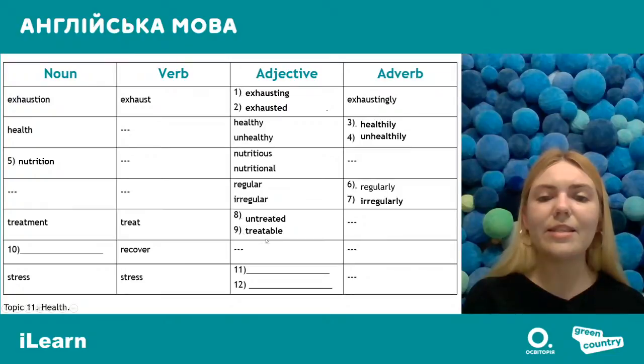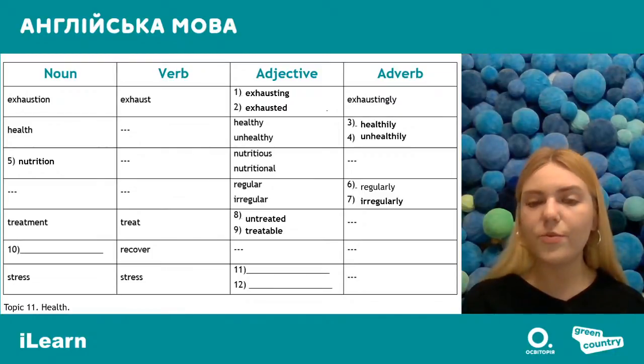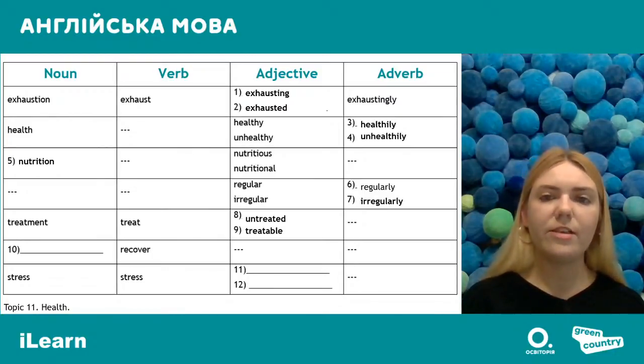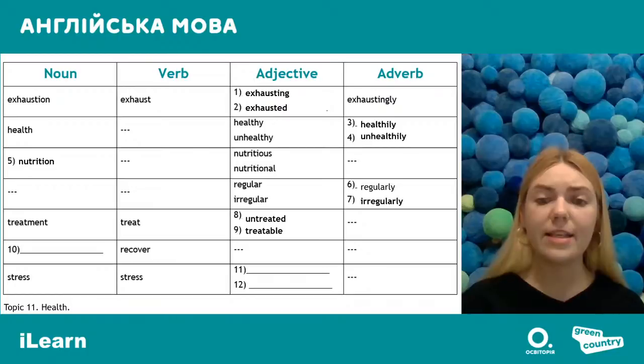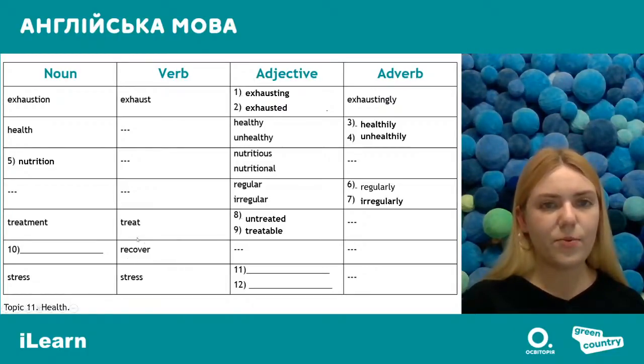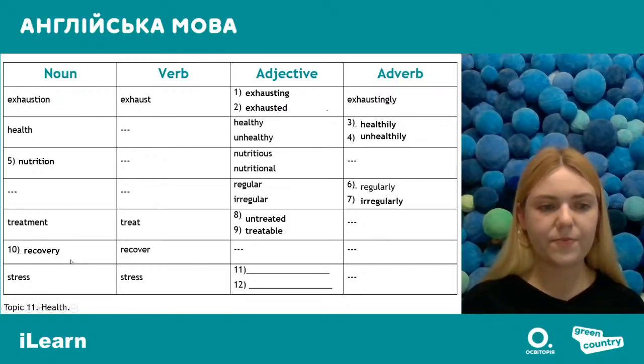Or we can also say treatable. So treatable, it is something that can be treated. Treatable – те, що можна вилікувати. For example, if an illness is treatable, it means that it is possible to treat this illness, to treat this problem. Good. So we can see next, that is verb recover, одужувати, and noun, that is recovery, одужання.